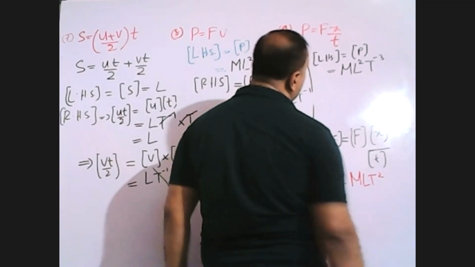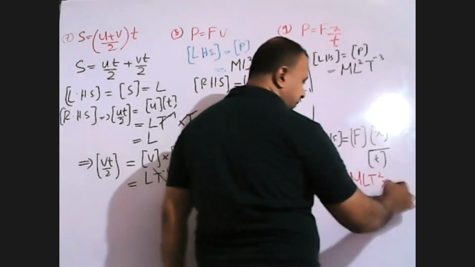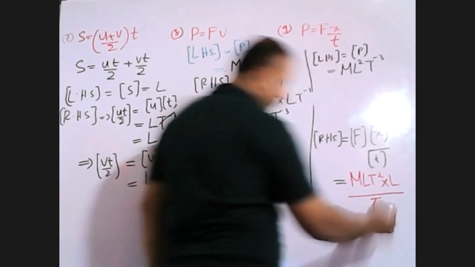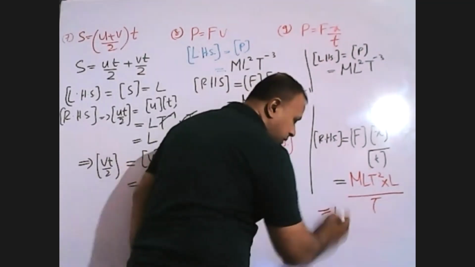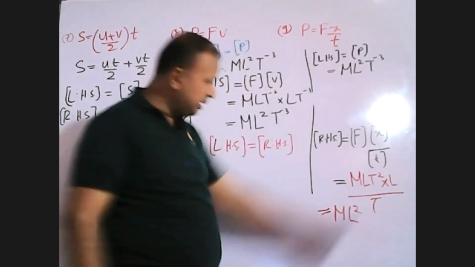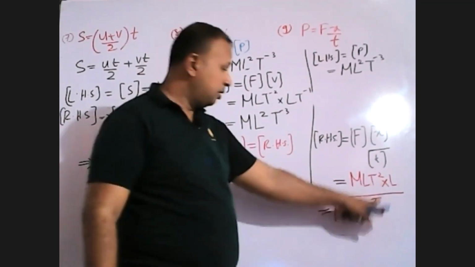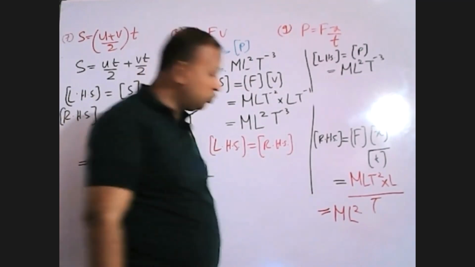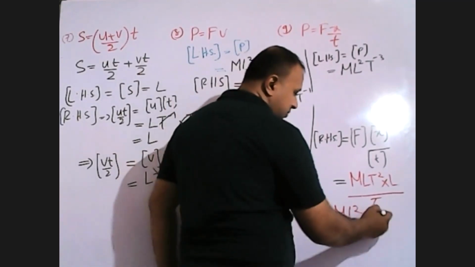Dimension of force is MLT^-2. Dimension of x means it is a length, so we have to multiply this by L over time. Then this is equal to M, there are two L's, L squared, then T^-2, and there's a T. If I bring this T to the numerator, it will be minus 2 minus 1, so minus 3.